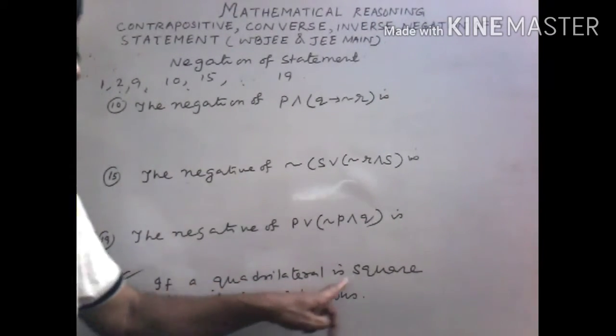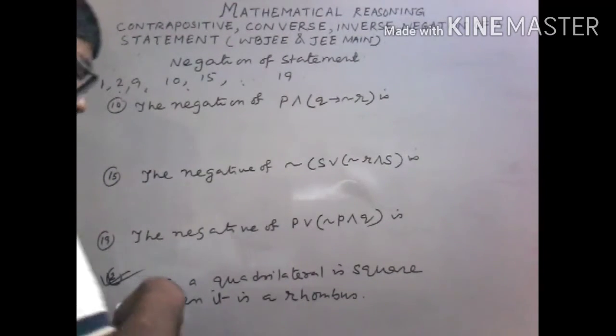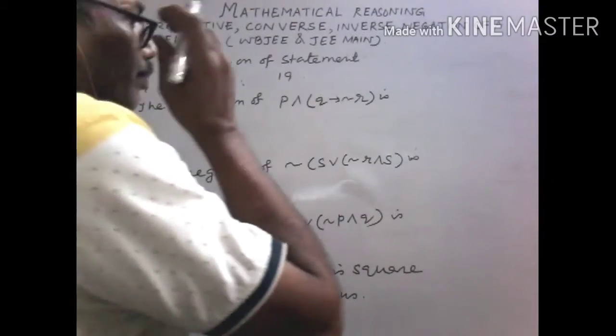If a quadrilateral is a square, then it is a rhombus.